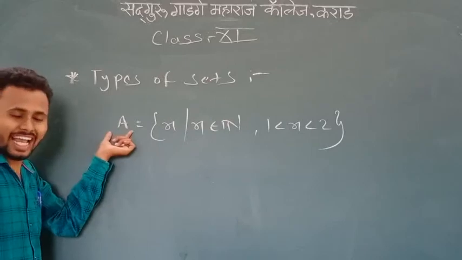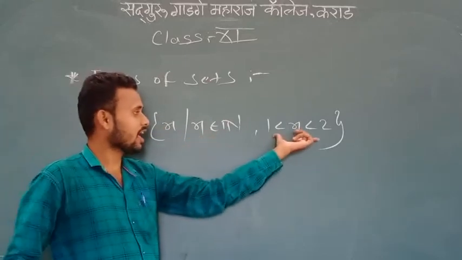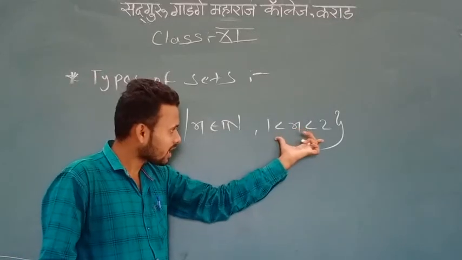Here set A denotes the set containing all natural numbers which lie between 1 and 2.